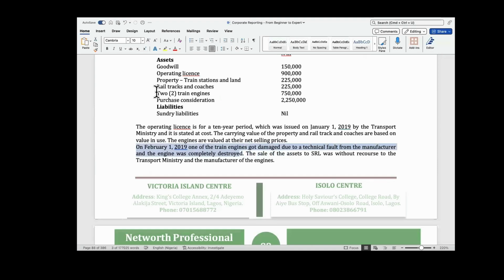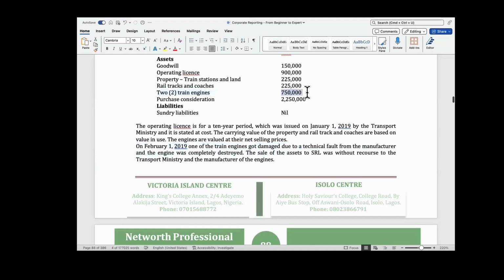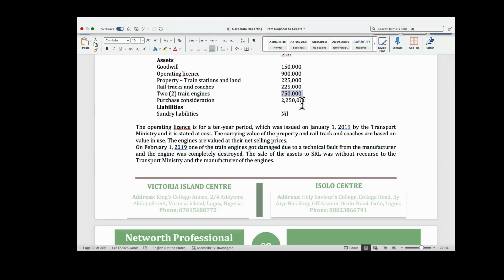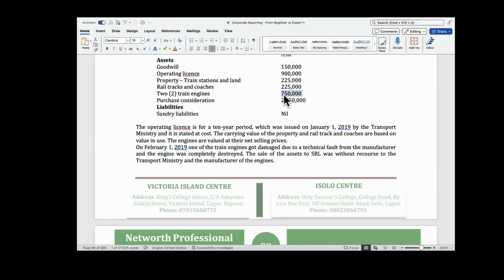And there are 2 twin engines here. Since they didn't tell us how we should separate the figures, I'll just share it equally. 750 divided by 2 is 375. So that means one twin engine 375, second twin engine 375.